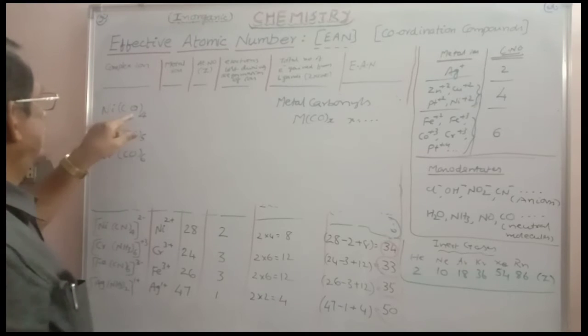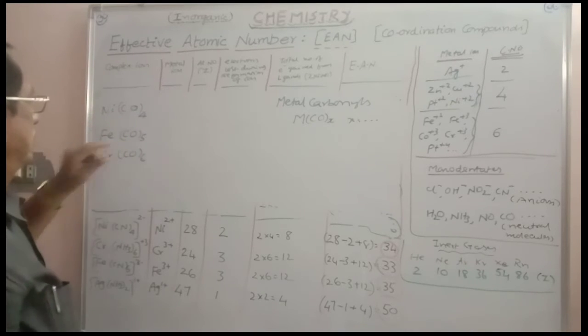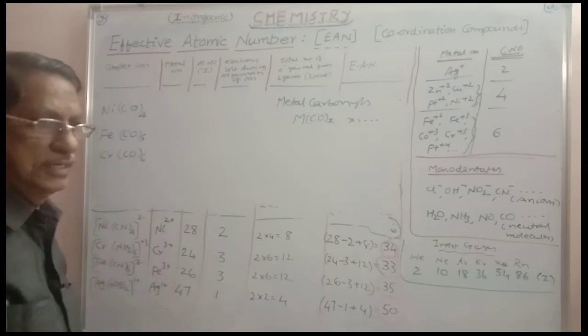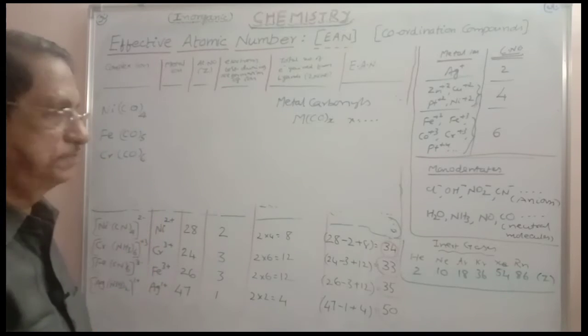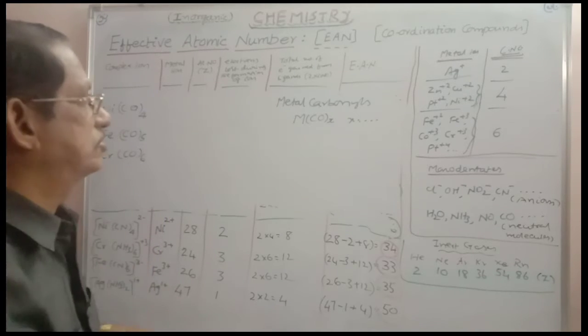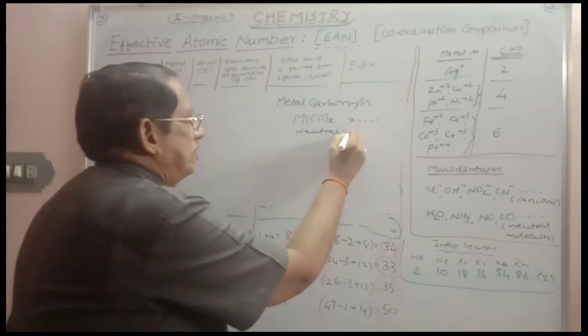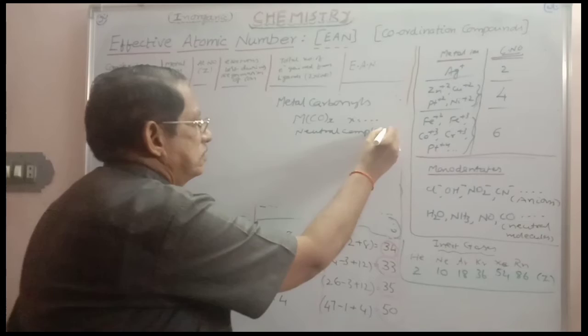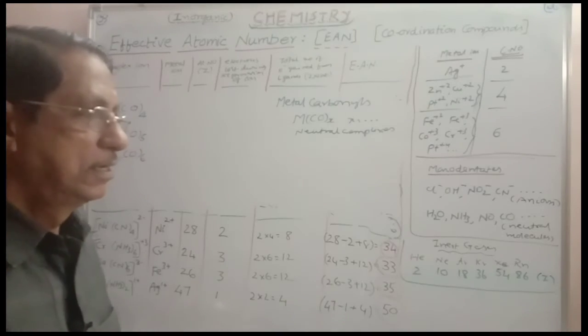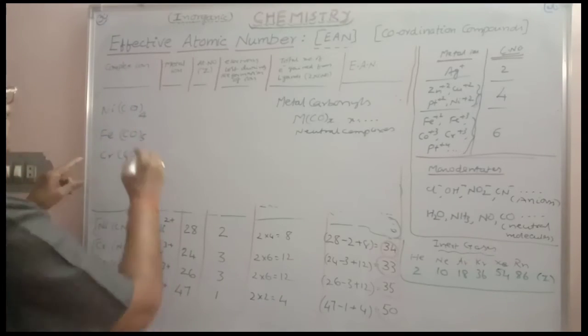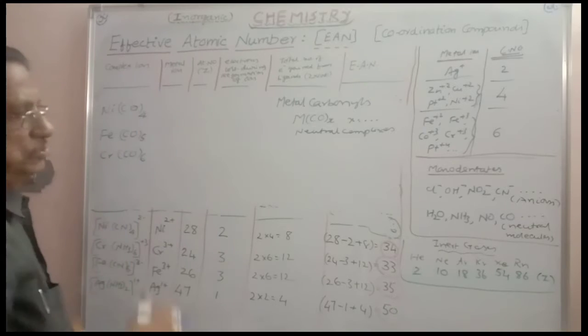All these are nickel tetracarbonyl, iron pentacarbonyl, chromium hexacarbonyl. All these are nothing but carbonyls. These are neutral complexes. That means here we have zero charge.